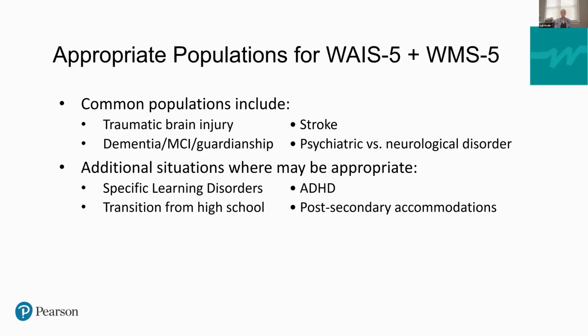Obtaining a comprehensive picture of cognitive strengths and weaknesses as struggling high school students are transitioning to their next challenge, which might be college, vocational training, or moving into the world of work. And for those planning to attend college or who are already there and struggling, to assist with determining the causes of their difficulties and assist them with qualifying for post-secondary accommodations.